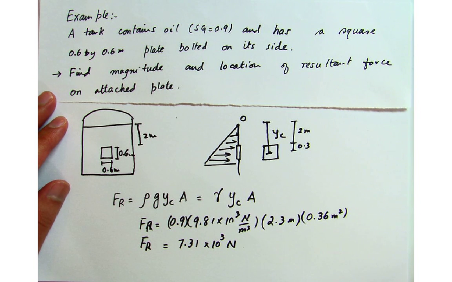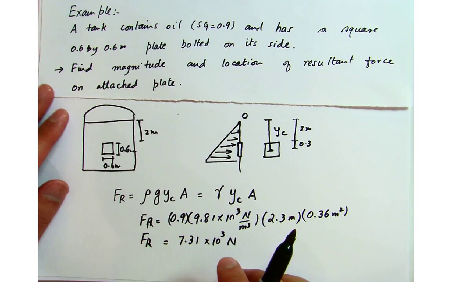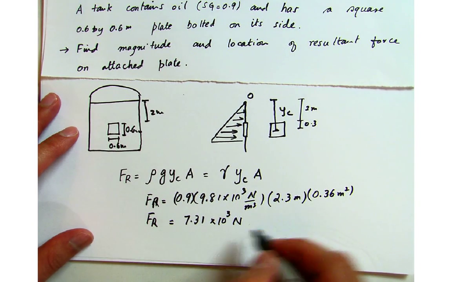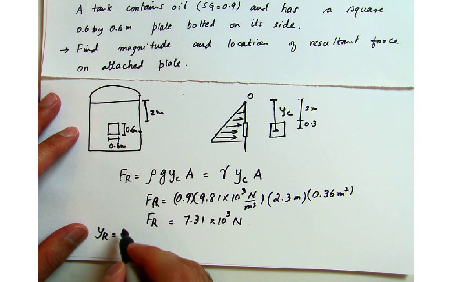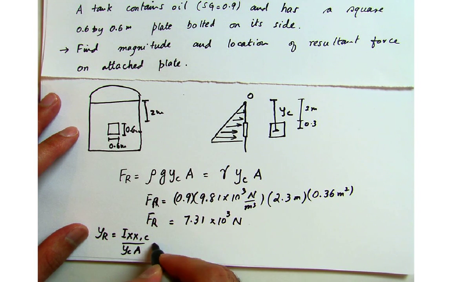So you have the resultant force, and where this resultant force will be acting, we also derived that relationship. That relationship was yr equals Ixxc divided by yc A, plus yc.